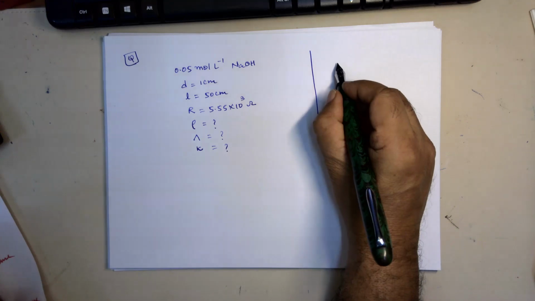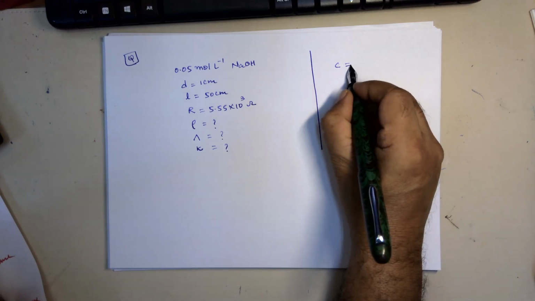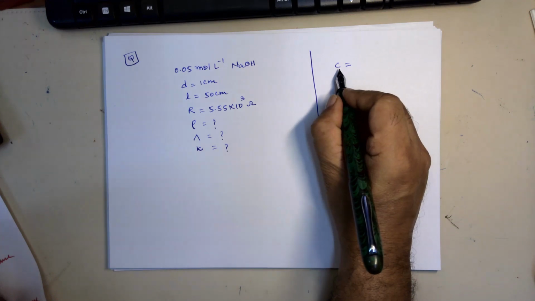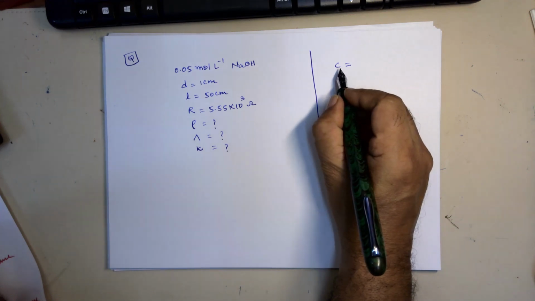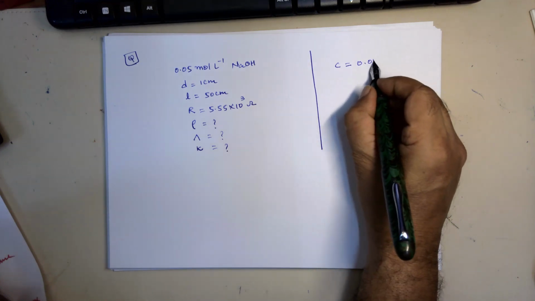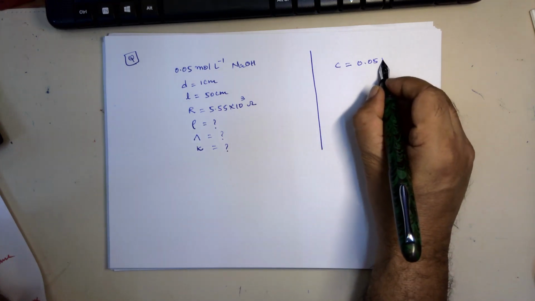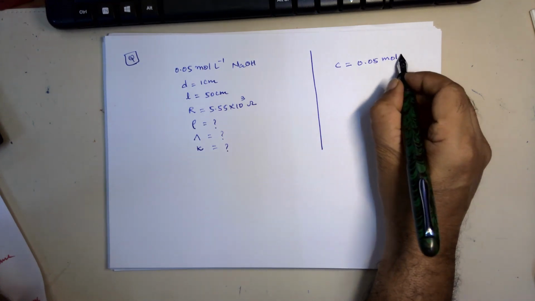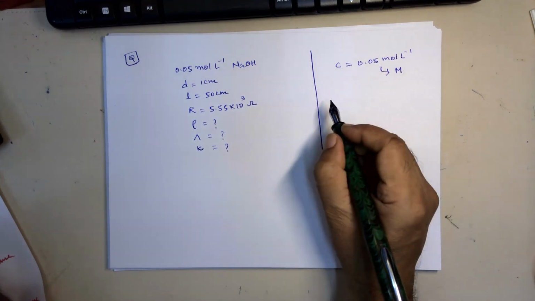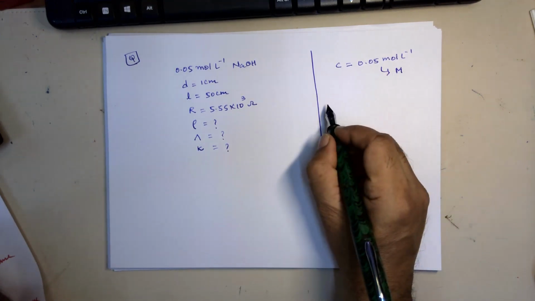The concentration here is represented as C and is given in molarity, and the electrolyte is NaOH solution. So 0.05 mole per liter indicates molarity, the concentration of the electrolyte.